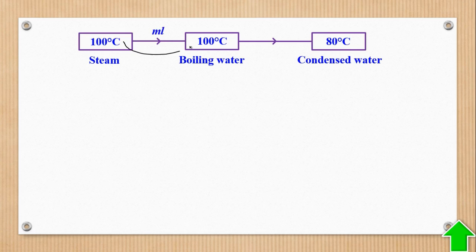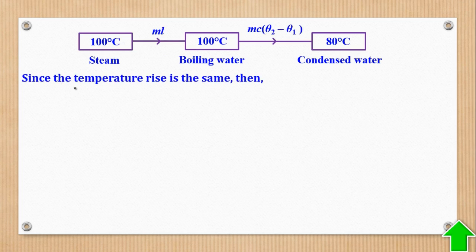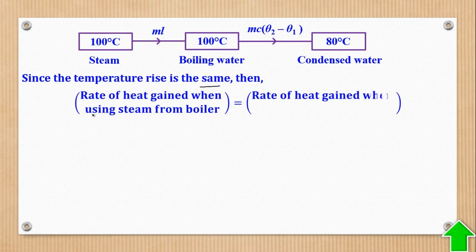Therefore here, because there is no change in temperature, it is ml. Here there is a change in temperature, it is mc change in theta. So since the temperature rise is the same, it implies that the rate of heat gained when using steam from the boiler is equal to the rate of heat gained when using the electrical heater.